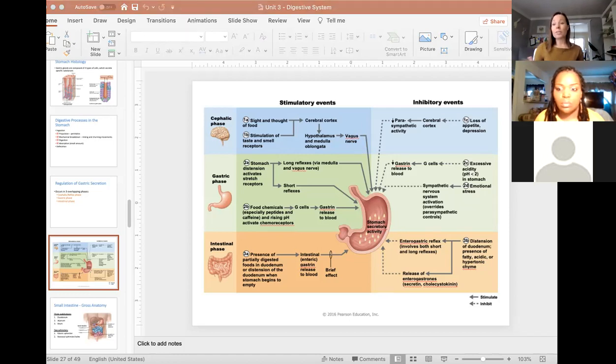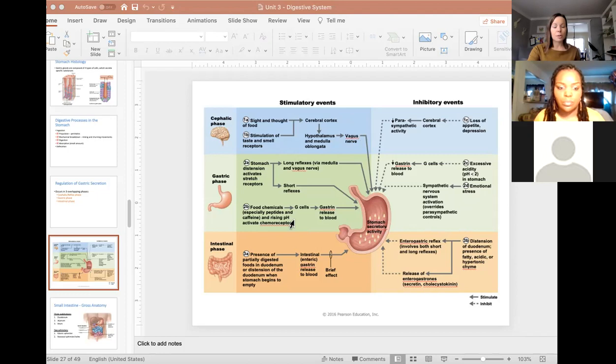And that nerve will stimulate the secretion of gastric chemicals and gastric enzymes just to prepare your body for digestion. Even if you haven't eaten yet, you're thinking about it. So your body's already preparing. So that's all that phase is. Just cephalic is your brain thinking about eating, and then you start secreting those chemicals and enzymes in the stomach.